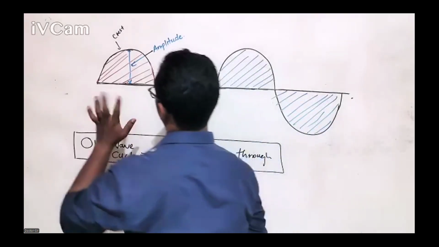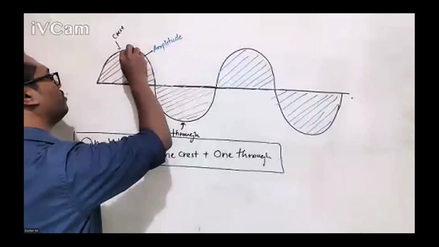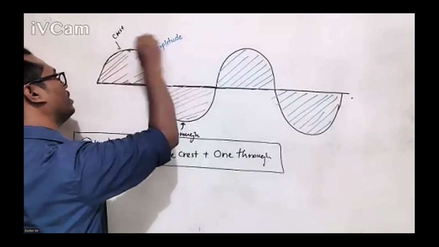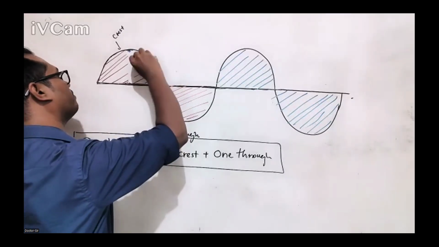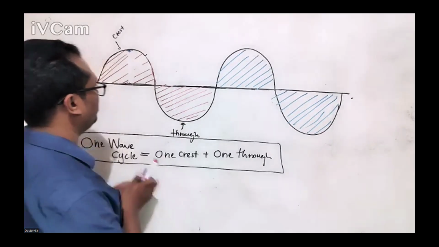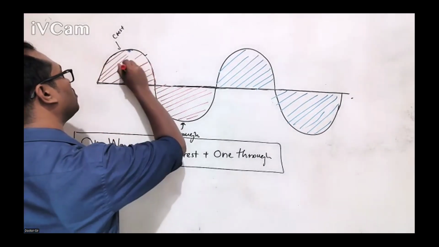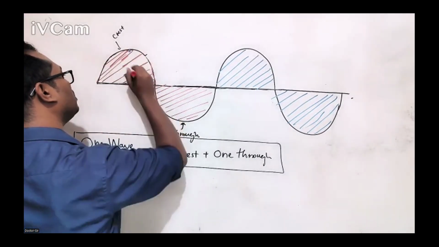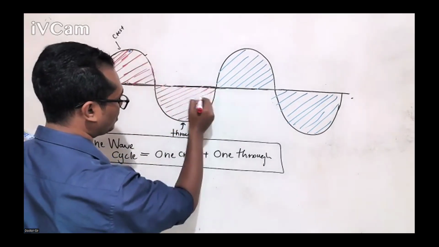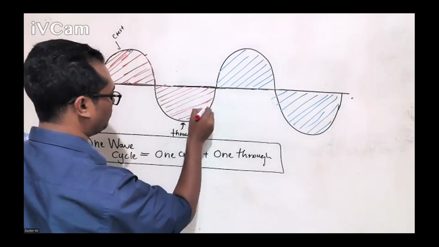That means now forget about the amplitude. Okay, we already discussed this thing. Now we are going to discuss the wavelength. So I will erase the amplitude from here. Right. Now this is one wave cycle. This red colored area is one wave cycle.